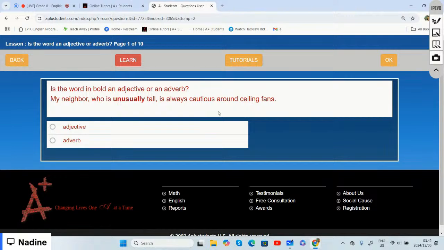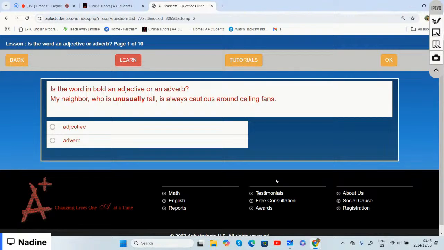My neighbor, who is unusually tall, is always cautious around ceiling fans. So which one is this?